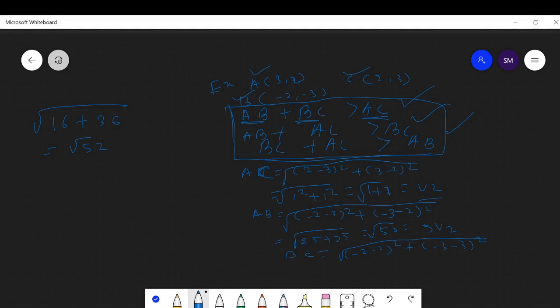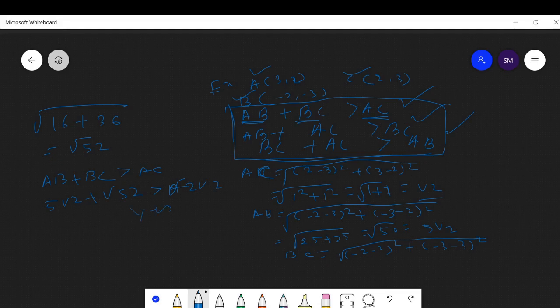Let us find out. AB plus BC. Here AB is 5 root 2 plus root 52 is greater than AC, which is root 2. Yes, it satisfies.